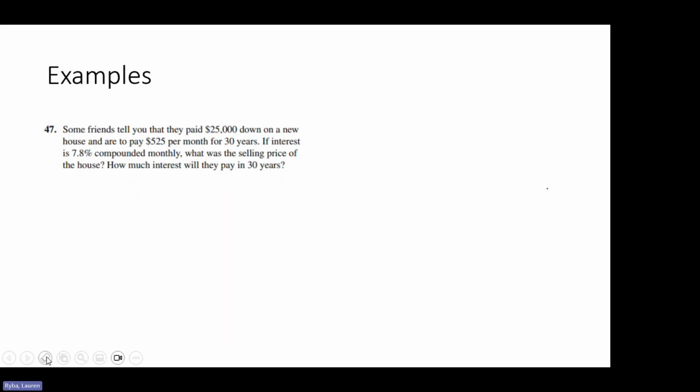Some friends tell you they paid $25,000 down on a new house and are to pay $525 per month for 30 years. If interest is 7.8% compounded monthly, what was the selling price of the house? And then how much interest would they pay in those 30 years? So we have 2 equations.